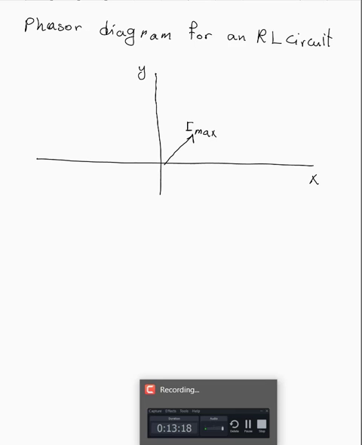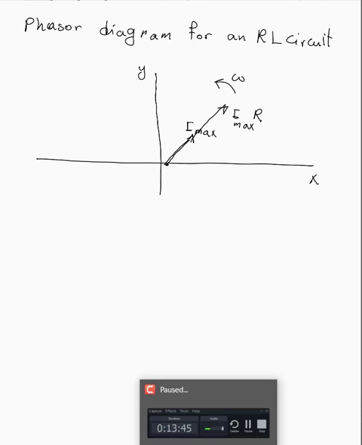If Imax is in this direction, then the current and the voltage in the resistance are going to point in the same direction. This is the first section that we studied. So this will be Imax times R, and this is moving with angular frequency omega.